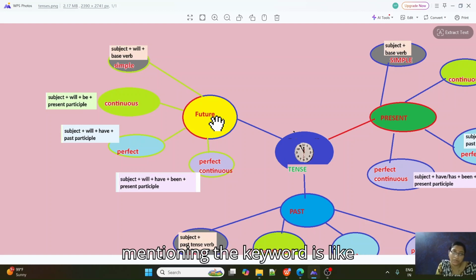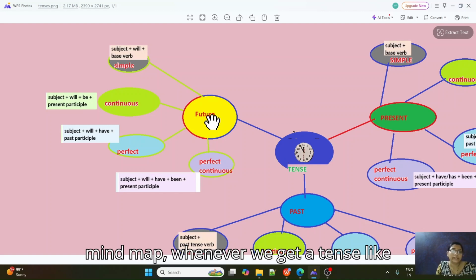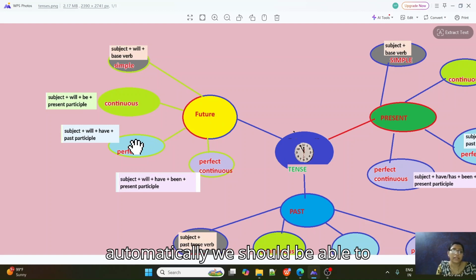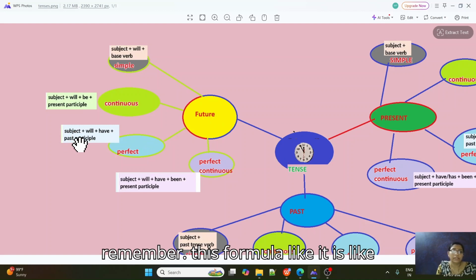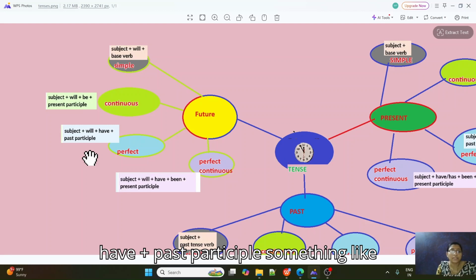So just mentioning the keyword is sufficient. So after creating this mind map, whenever we get a tense, like okay, what is the future perfect tense? Automatically, we should be able to remember this formula: subject plus will plus have plus past participle, something like this.